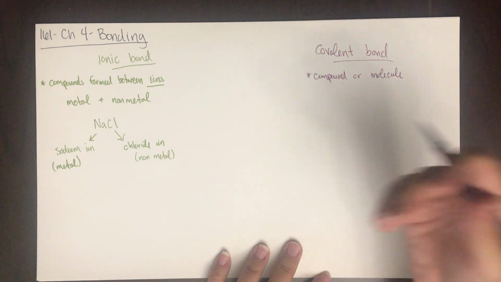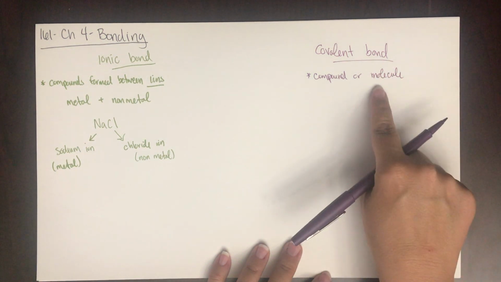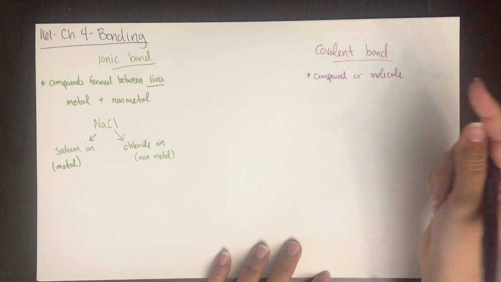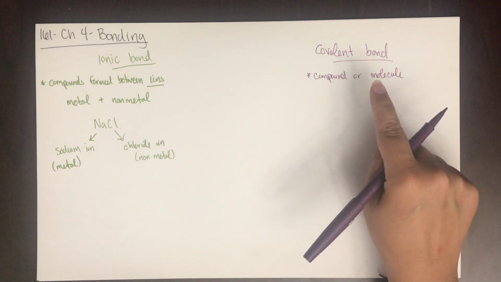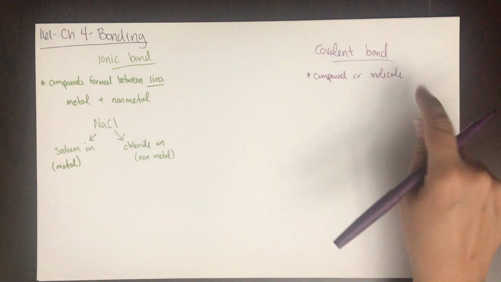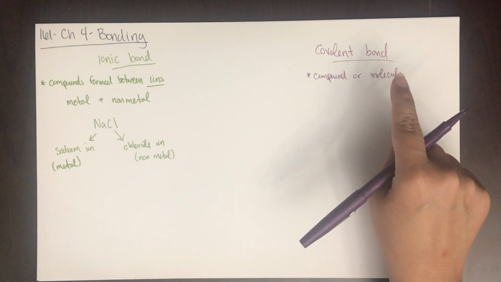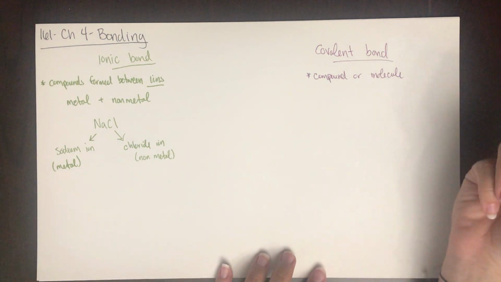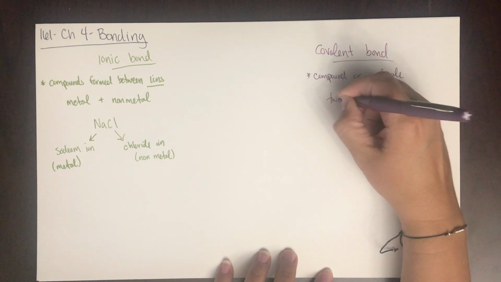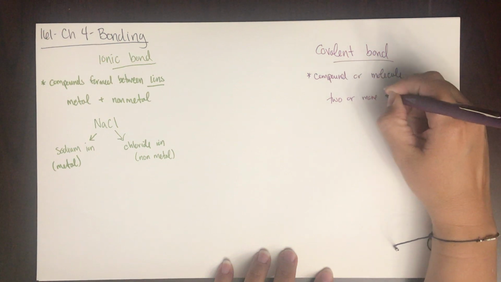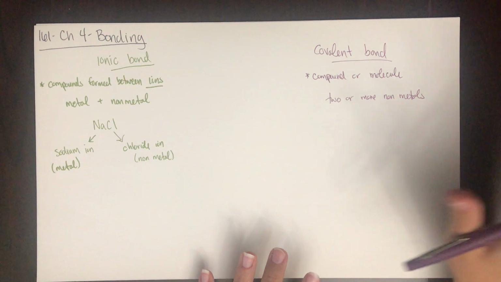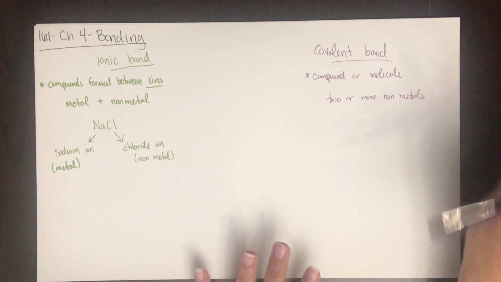Most of the time in biology and biochemistry, we refer to compounds as molecules because they are held together by covalent bonds. So you'll hear them used interchangeably in your textbook, and with me, just understand that if it's talking about a molecule, it's always a covalent bond. So covalent bonds are always made between two or more nonmetals.